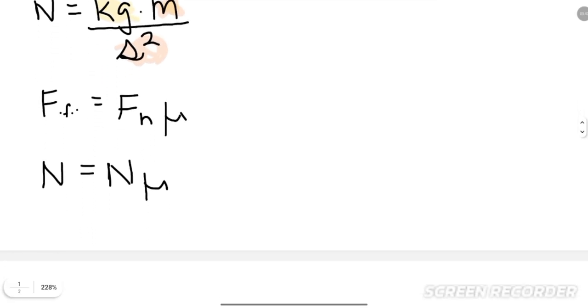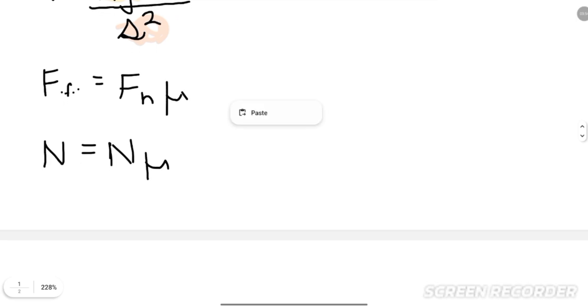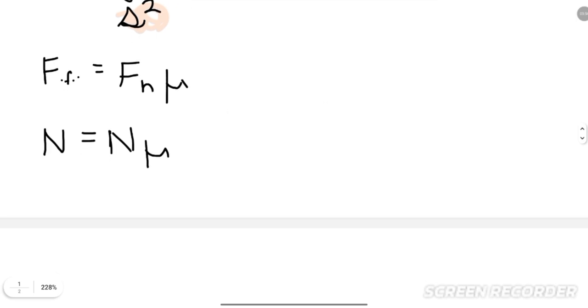Okay, so F sub F, that's friction, that's the notation that's used, is equal to the normal force times mu. All right, that's the friction coefficient times the normal force. And here we go, so force, as I mentioned, is always in newtons.